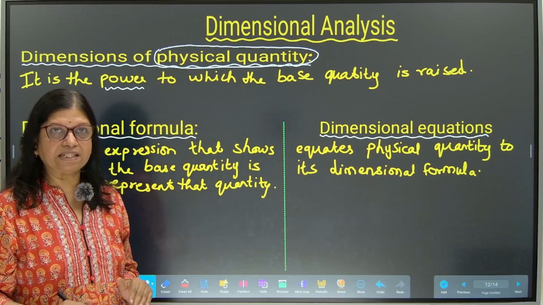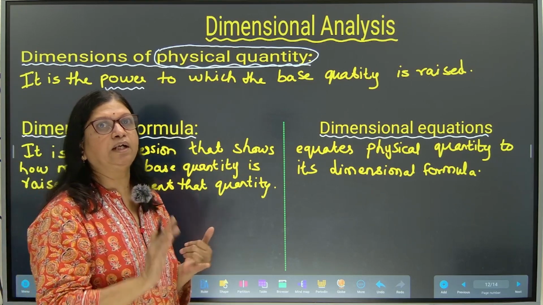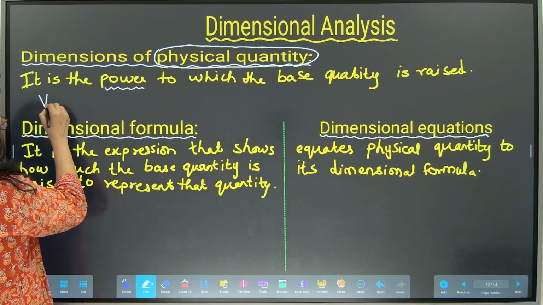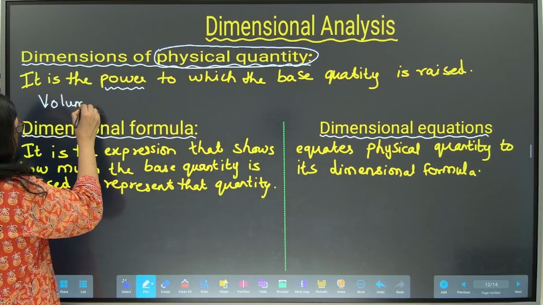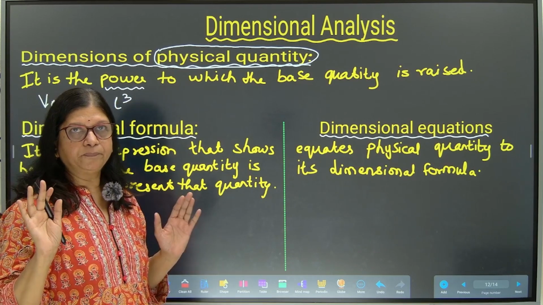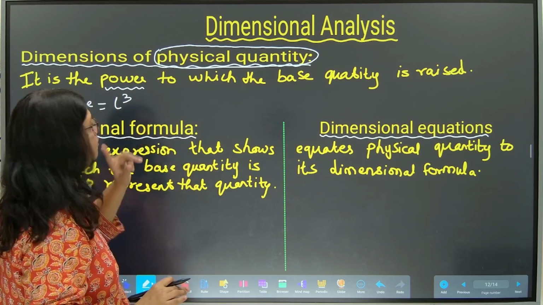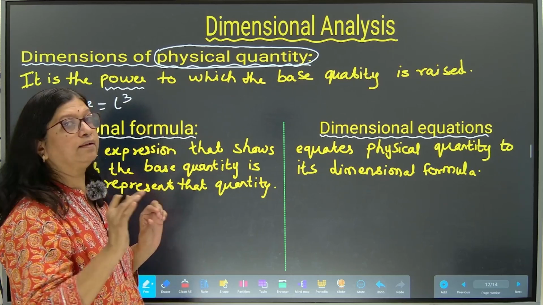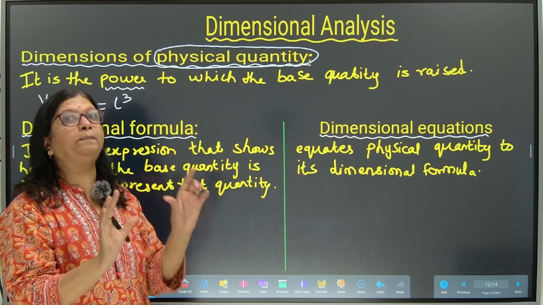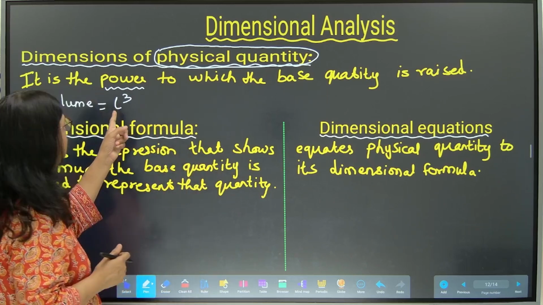Just I will give you an example. We know the formula of volume. What is the formula of volume? Volume is equal to L cube. That is known to us. Clear? Now, this same formula, we will write in terms of the power of the base quantity. Here, which is the base quantity?